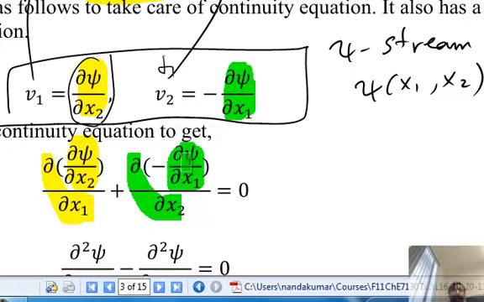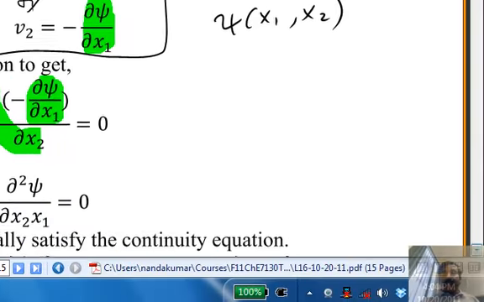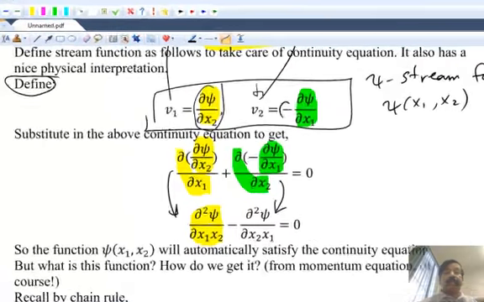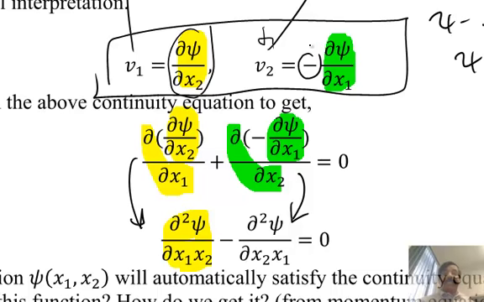I'm just plugging in. Since ψ is a continuous function of x1 and x2, I can write this as the second derivative, d²ψ/dx1dx2, and this term will simplify to d²ψ/dx2dx1 with a minus sign. We introduce the minus sign deliberately so that I get a minus sign here, and that is automatically equal to 0 if ψ is a continuous function of x1 and x2.